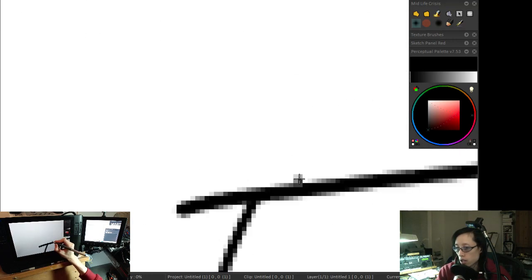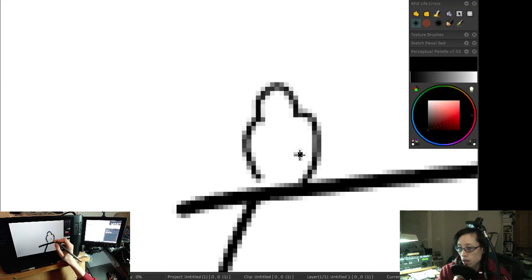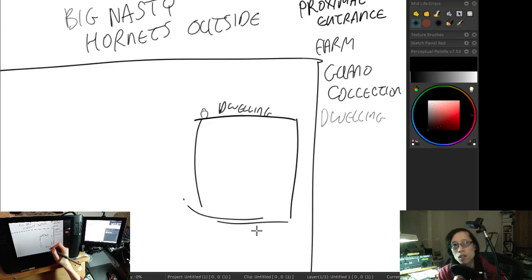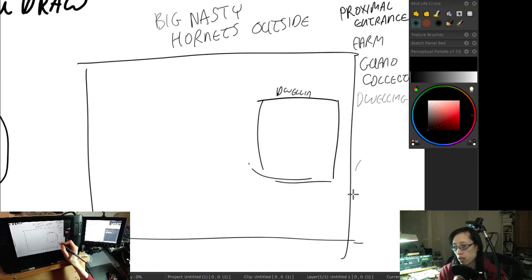On the other hand, if I say the dwelling is this big, then maybe that's okay. So the thing is that I know some of you will probably look at that big, bad, empty rectangle and be afraid to draw anything. When there's nothing there, you can't be wrong to just draw it.